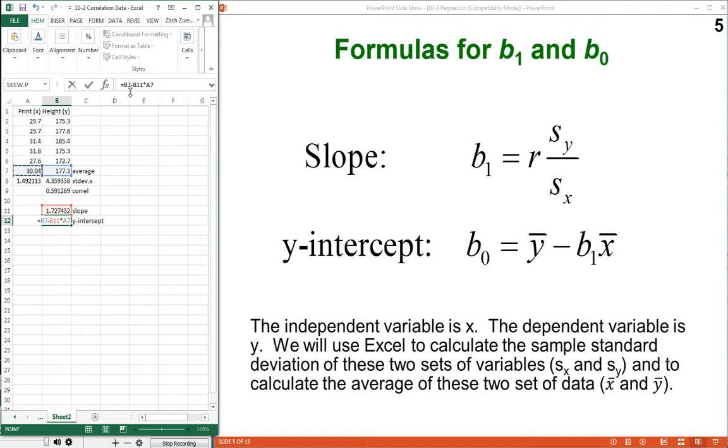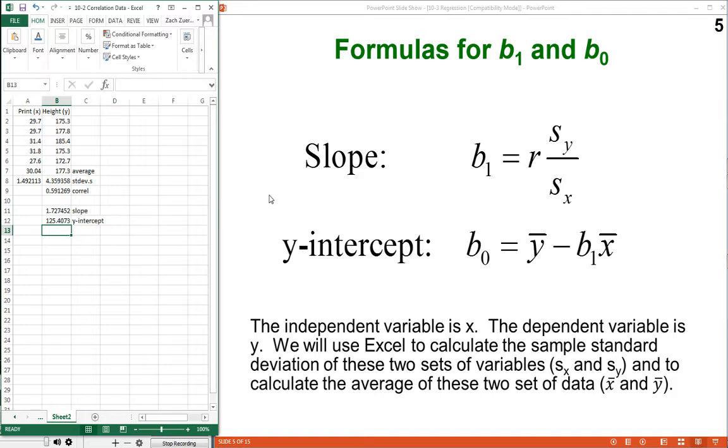And you can see that right up here. We had b7, which is the average of the y variable, or the height, minus the slope times the average of our print size. And hit enter there. You get 125.4.